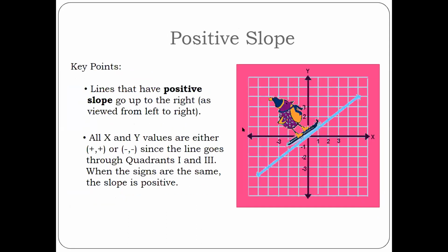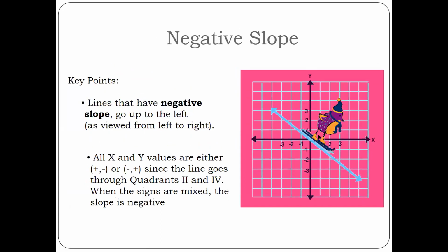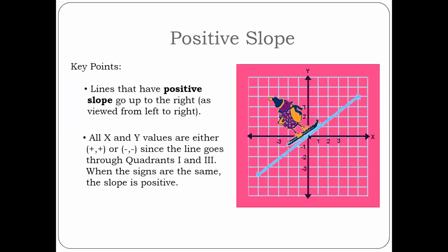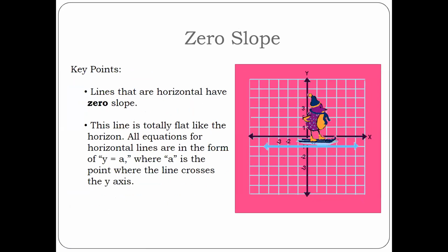These first two examples, positive and negative slope, the intercepts here are both zero because it's going right through the 0, 0 point. The zero slope line, the horizontal line, only has a y-intercept because it's running through the y-axis here.